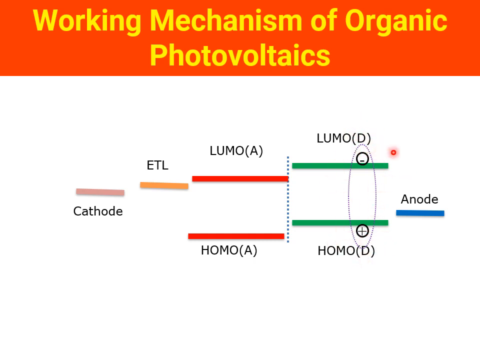Therefore, once they move towards the interface of the donor and acceptor, they split into free charge carriers. This splitting happens because of the energy offset between the acceptor LUMO and the donor LUMO. Because of this energy offset, charge transfer takes place from the donor to the acceptor LUMO, and then the charge carriers will move in the following manner.